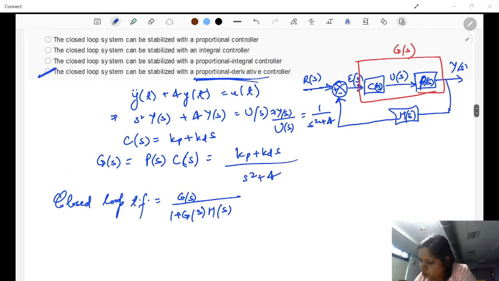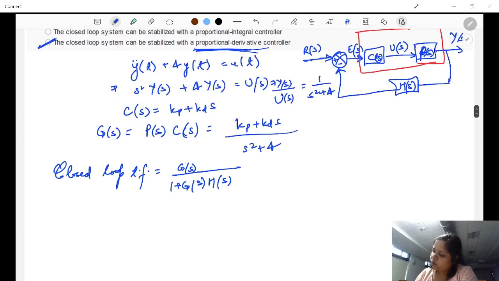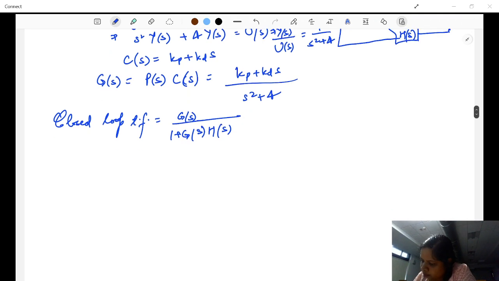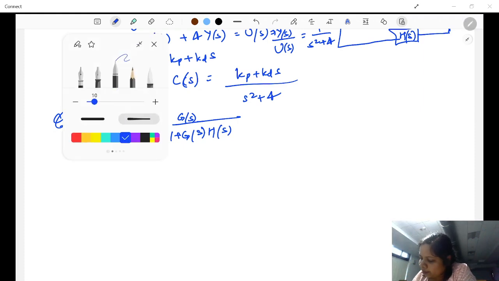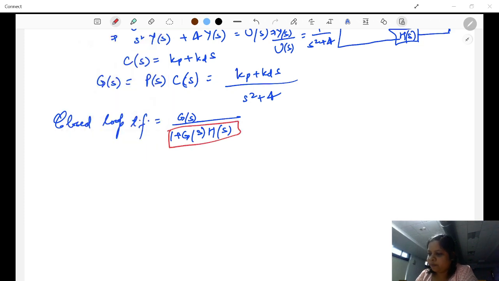And since the question very well says that it is a unity negative feedback, HS is definitely going to be 1 here. What we are going to do is find out the stability condition, and stability has everything to do with this part of the polynomial only.